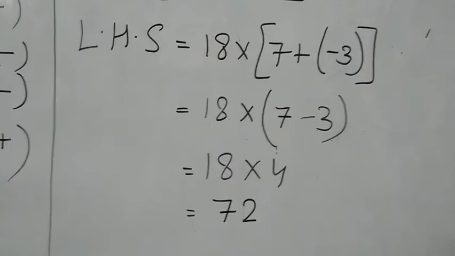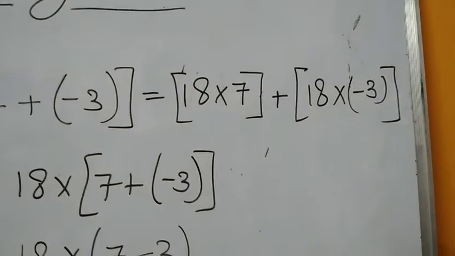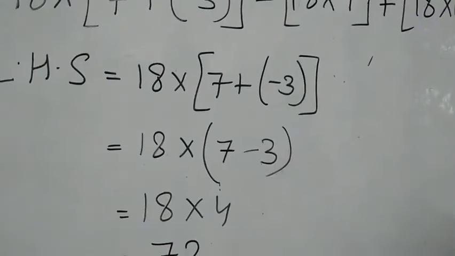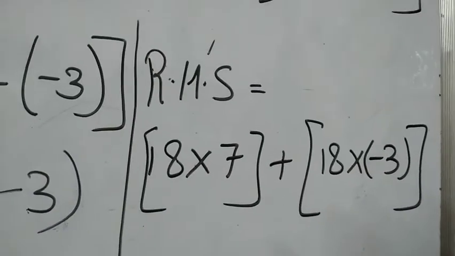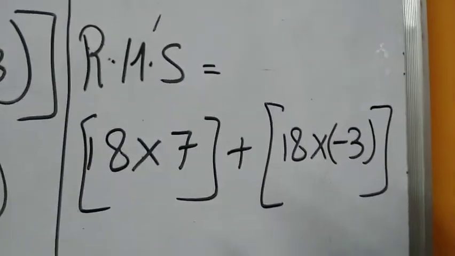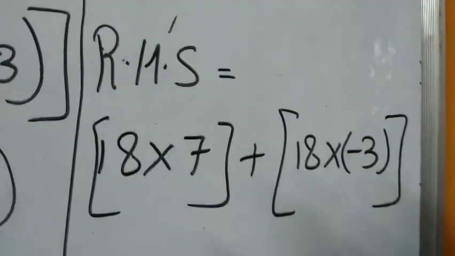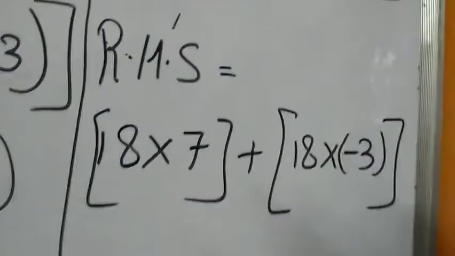Now we have to solve the next, the right hand side. 18 into 7 will be 126.